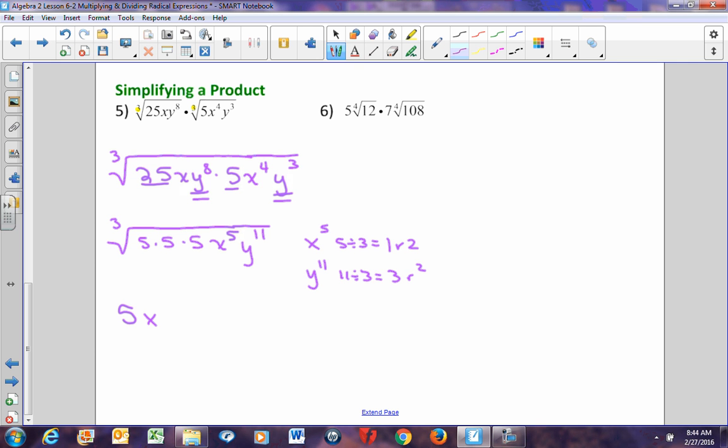So 3 y's can come out, 2 y's get left under. There are no numbers that get left under, so that's a cube root. But I do have an x to the 2nd and a y to the 2nd. So we have 5x y to the 3rd, cube root of x squared y squared.